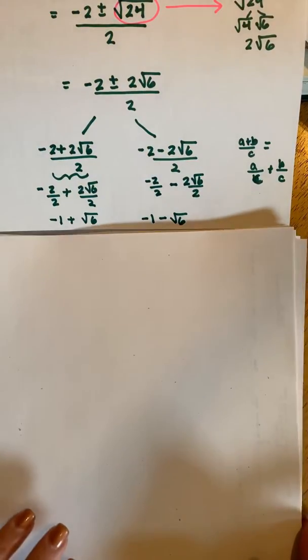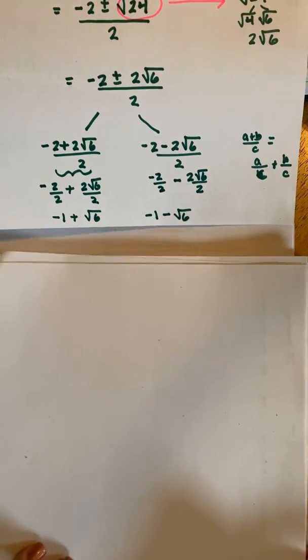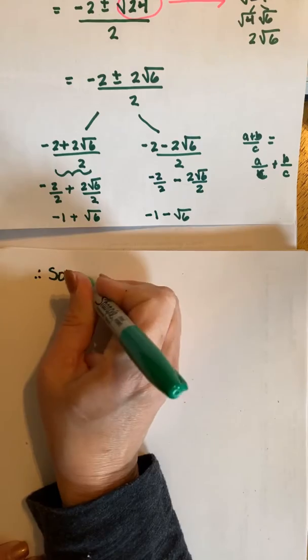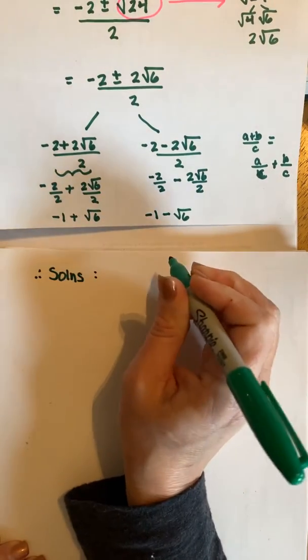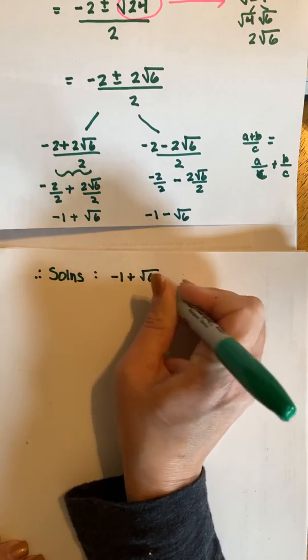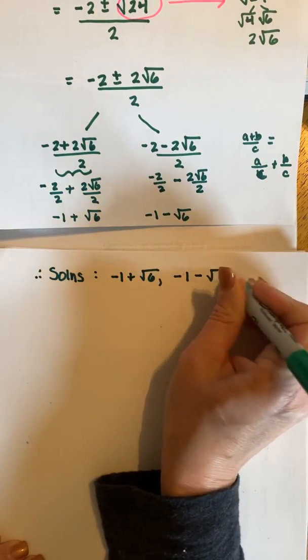So my solutions are negative 1 plus the square root of 6, and my other solution is negative 1 minus the square root of 6.